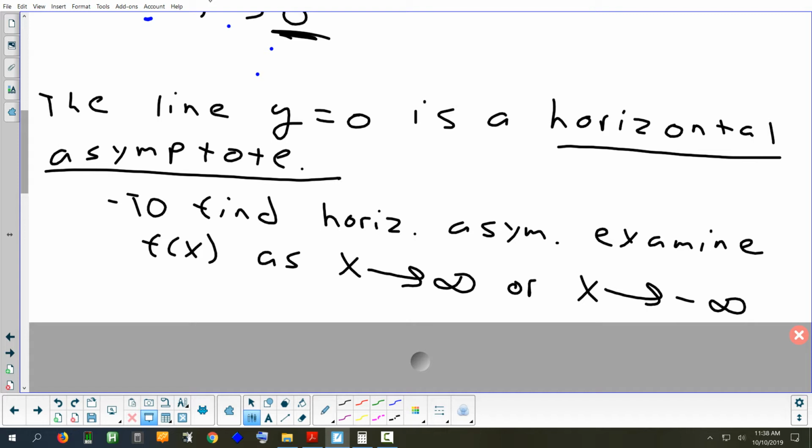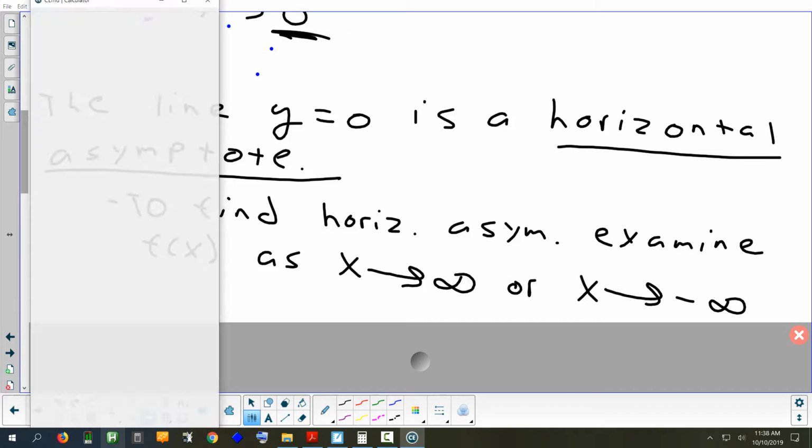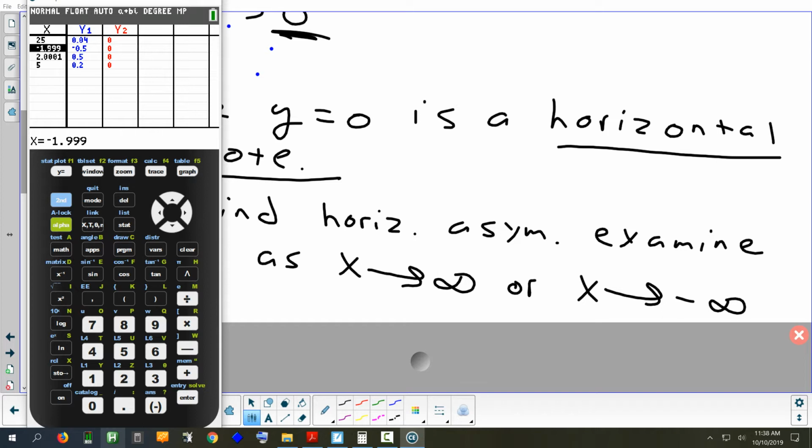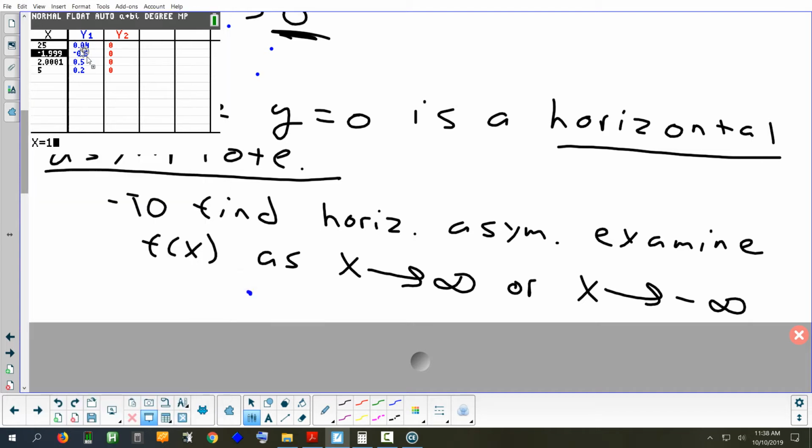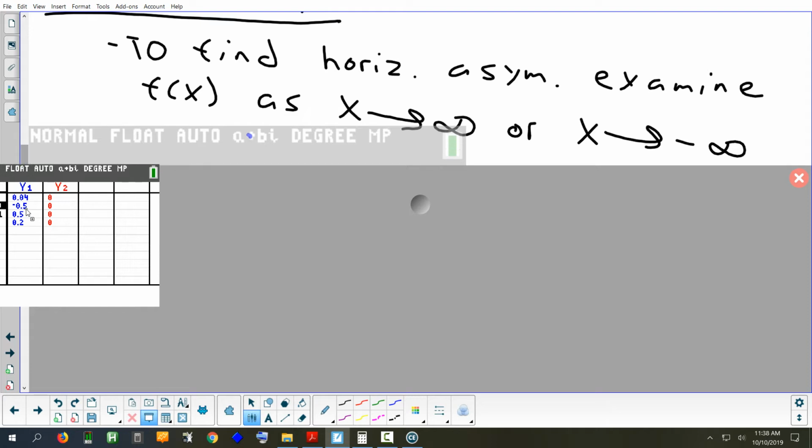And when I say when x approaches infinity, you can probably just go to the table and type in a number like 100, and that's probably big enough to tell you what the asymptote is going to be. Okay. Eventually, remember, it's going to just say 0 in this column, because the calculator is going to round it off. Okay, but it never really reaches 0.